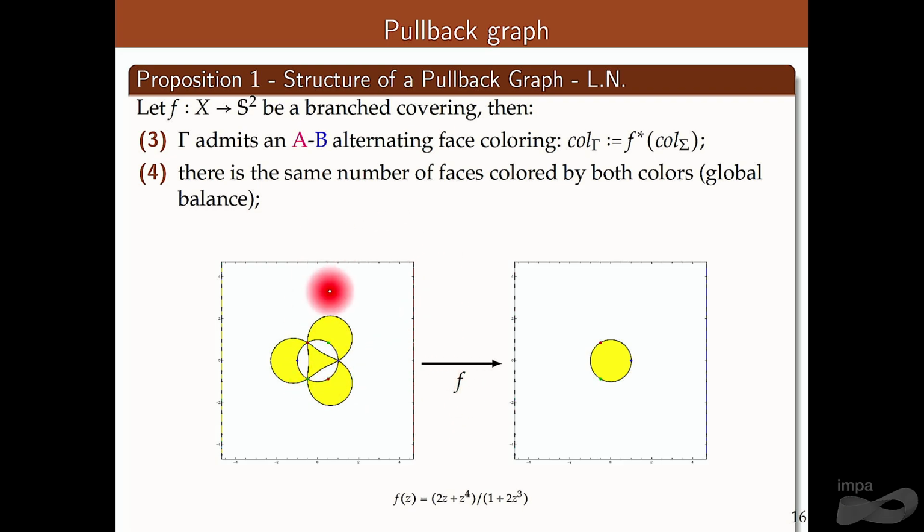Because if you have one point here with 2 preimages on the same face upstairs, and you connect them by an arc inside the face, it will project to a trivial loop.